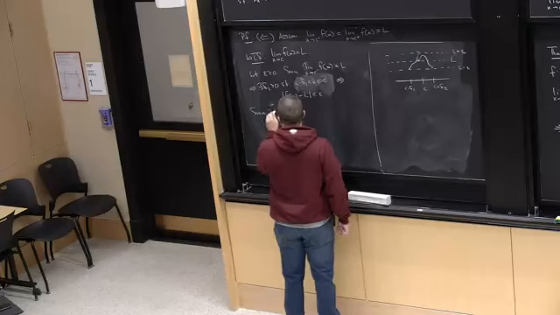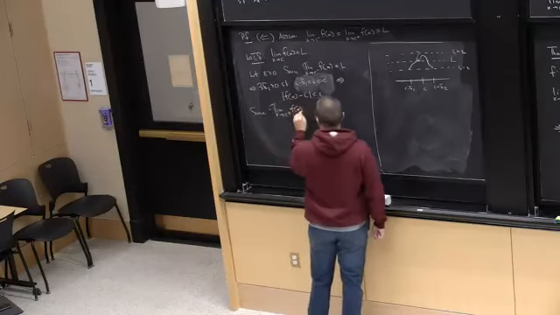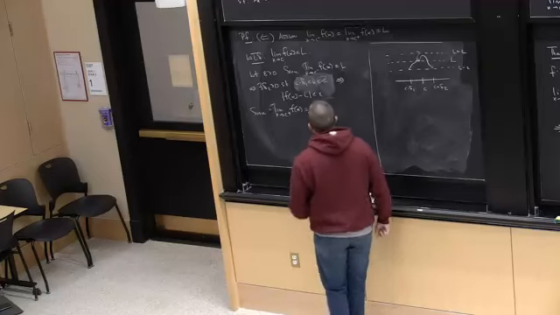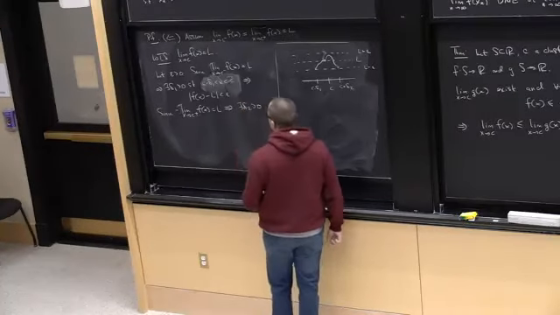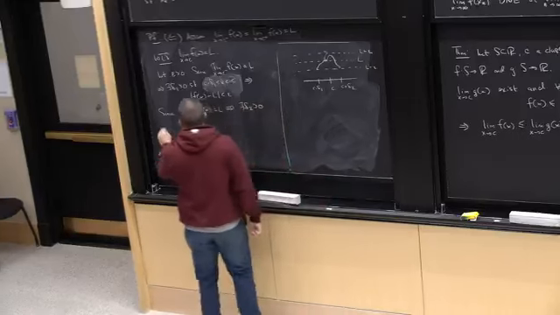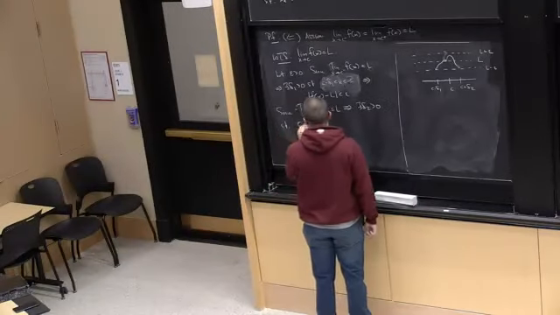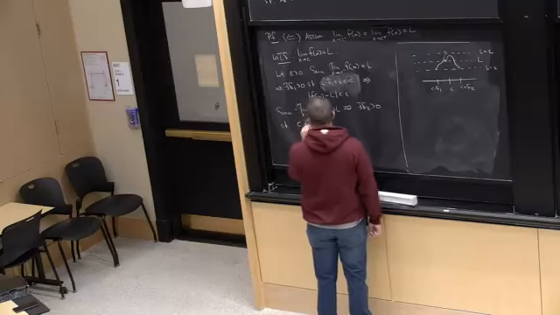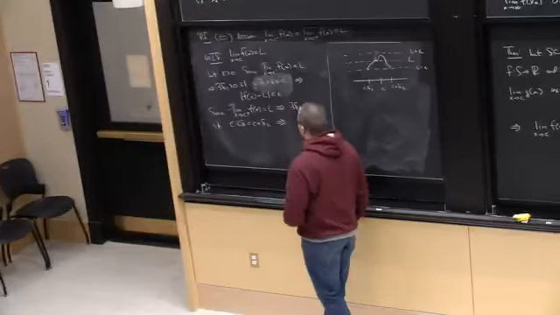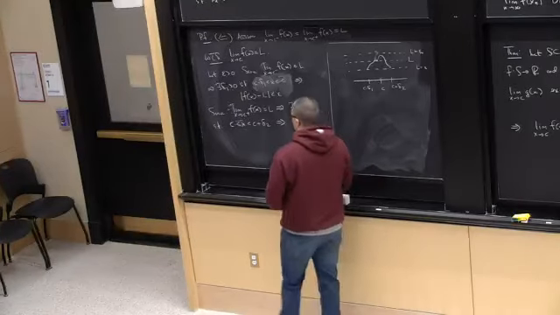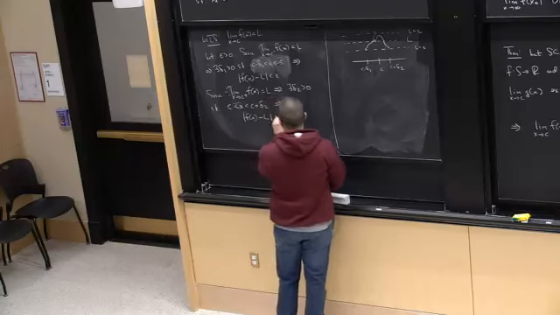Since the limit as x goes to C plus of f of x equals L, this implies by the definition there exists a delta 2 positive such that if C is less than x is less than C plus delta 2, then I get f of x minus L is less than epsilon.